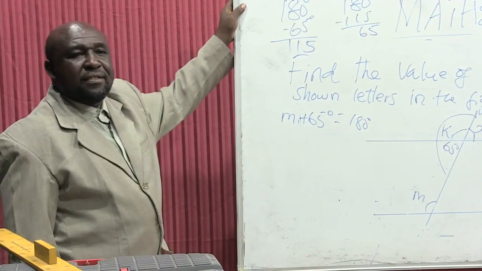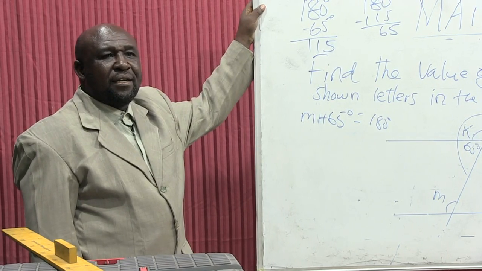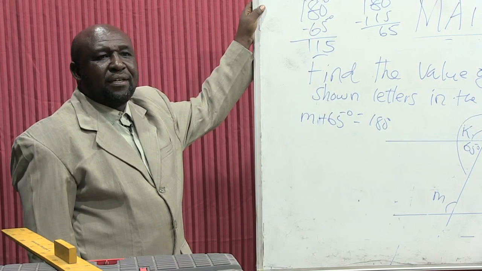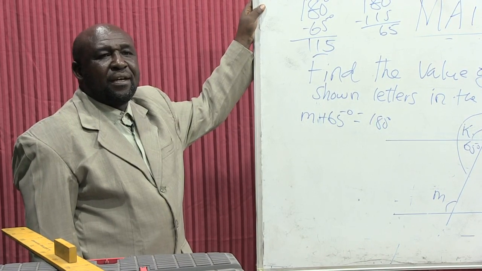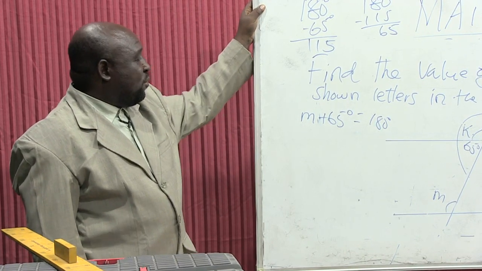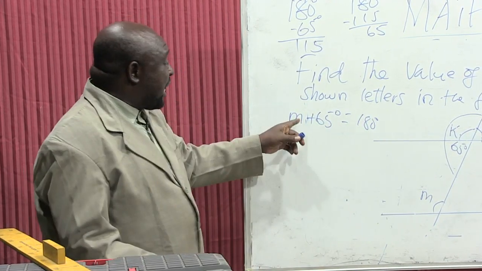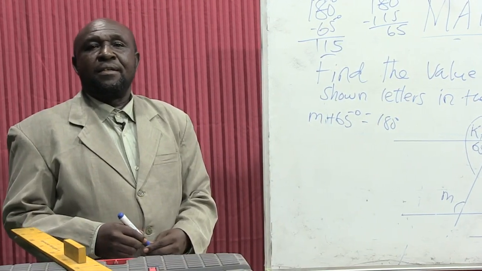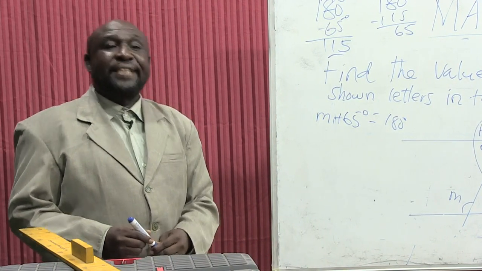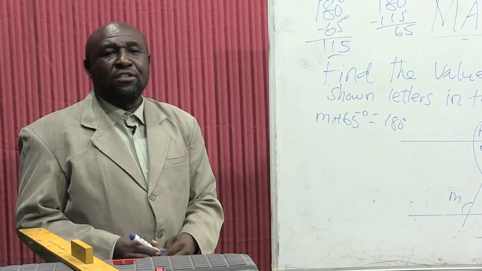Why? You try. Why is M plus 65 equal to 180? Why did you say M plus 65 degrees is equal to 180? You say interior angles, allied angles.